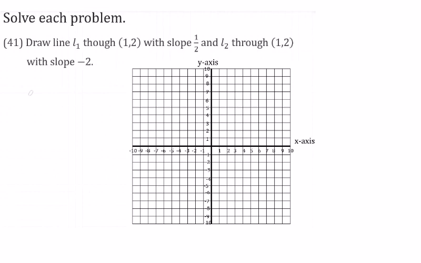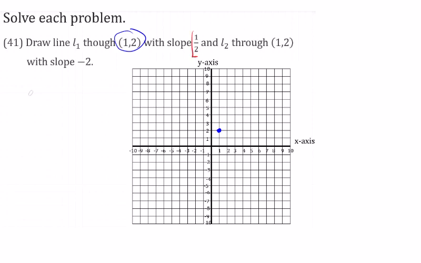All right, so here's another one. So here we have L1 is (1, 2). So I'm going to plot that. So there that one is, and then we have a slope of 1 over 2, so rise over run.